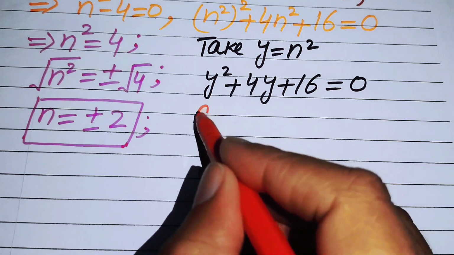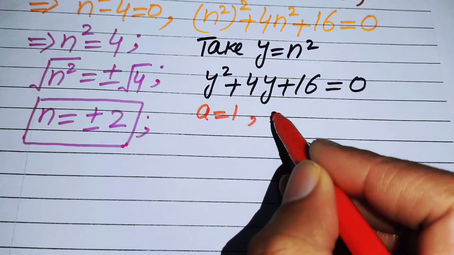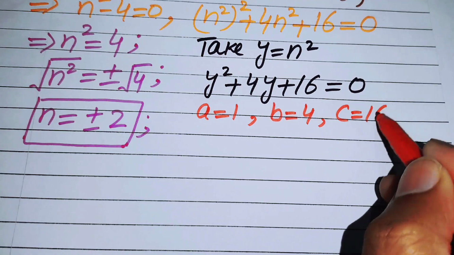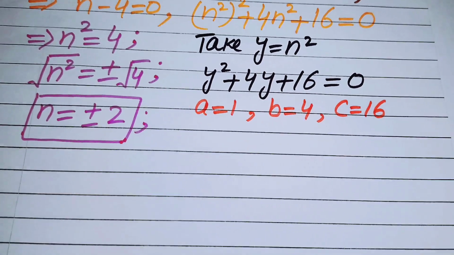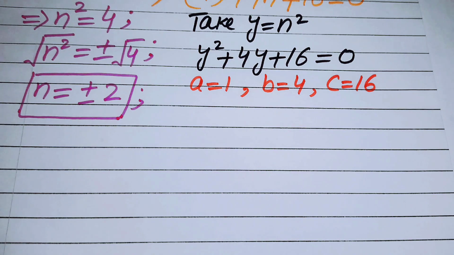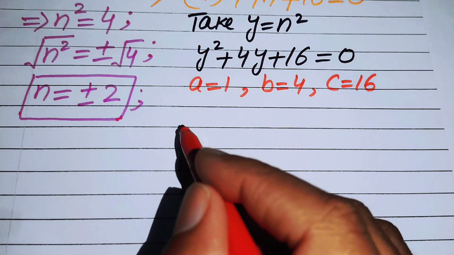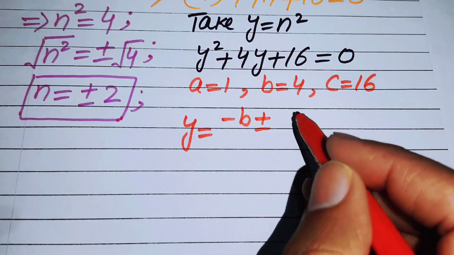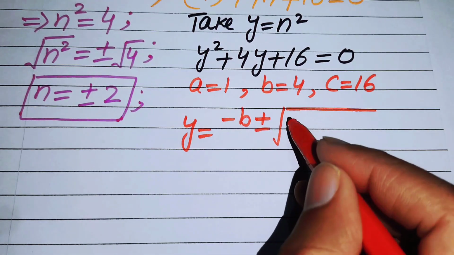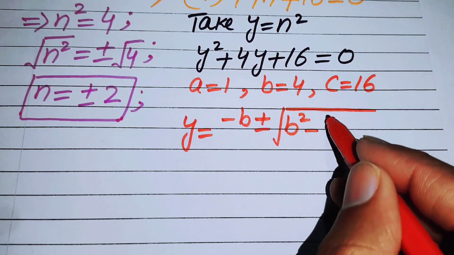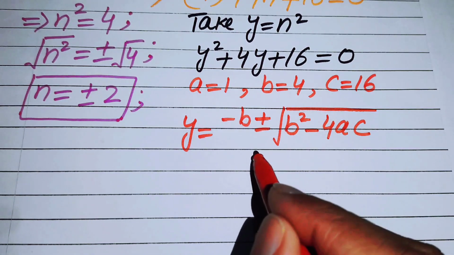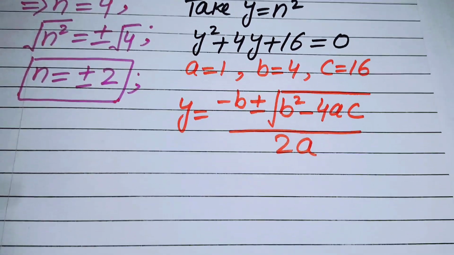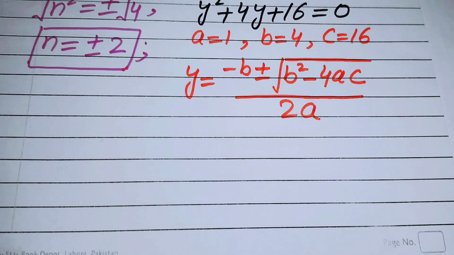So we have a equals 1, b equals 4, c equals 16. Our quadratic formula looks like this: y equals minus b plus minus square root of b squared minus 4ac, and this whole over 2a.